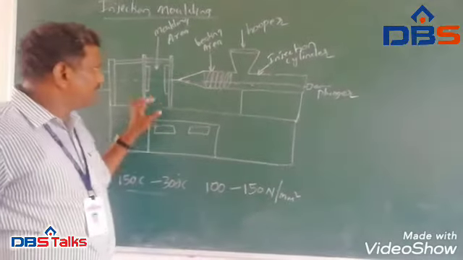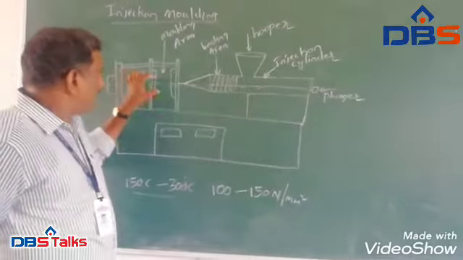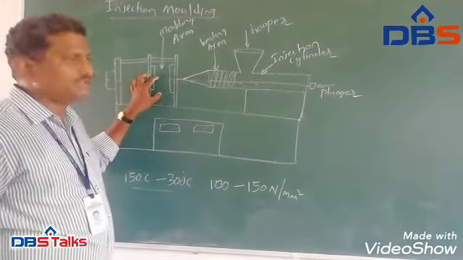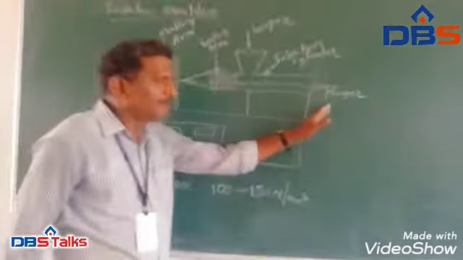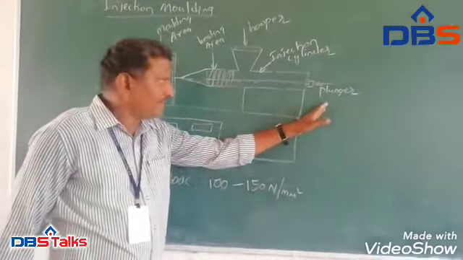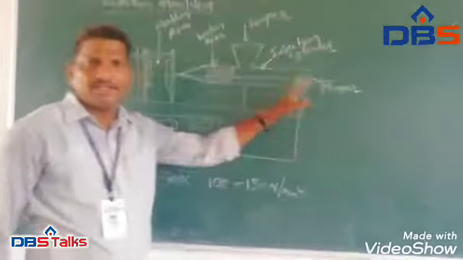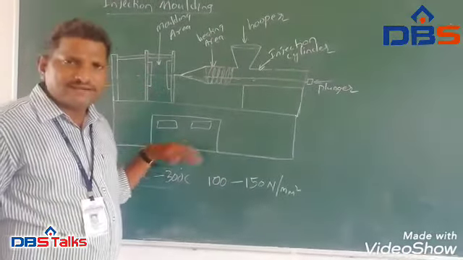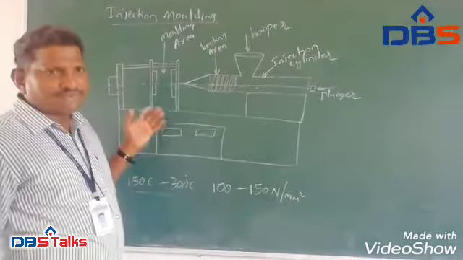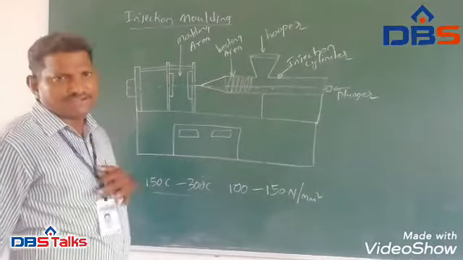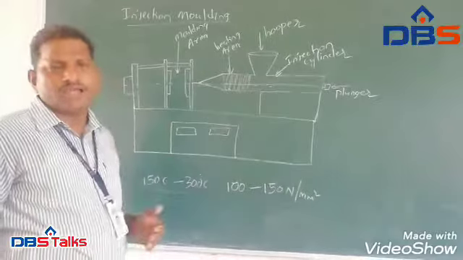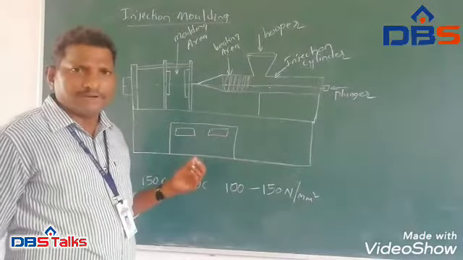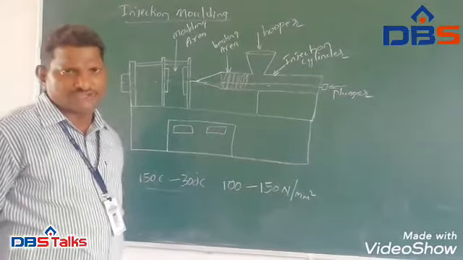So this molding area will be filled up with the liquid plastic, and because of the pressure which the plunger is creating, the job will be left for solidification. After certain time, the produced good will be taken out after the successful completion of the solidification.